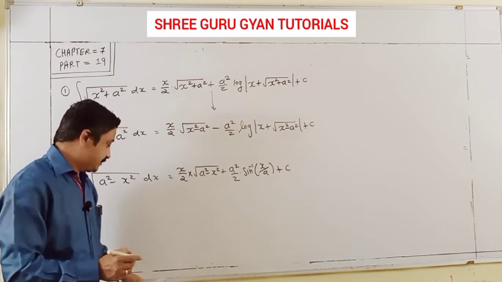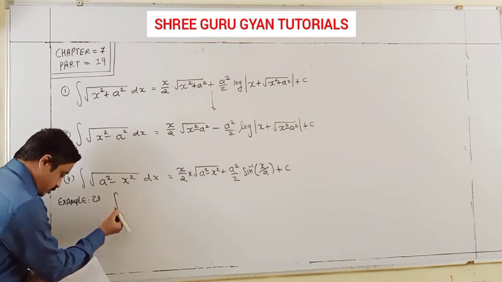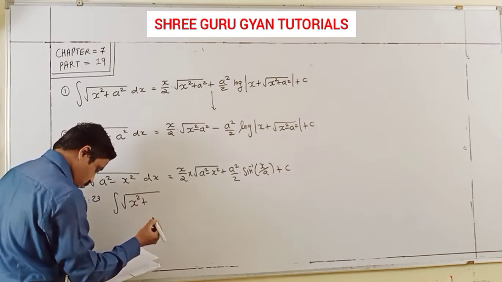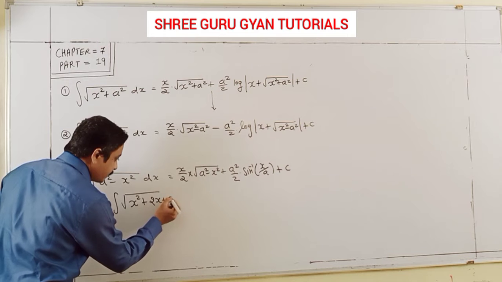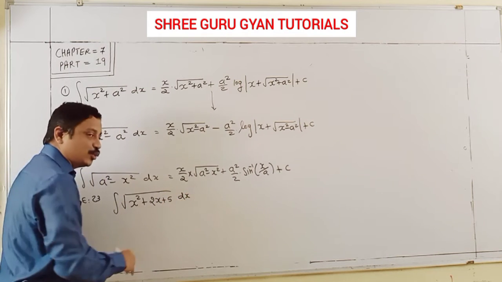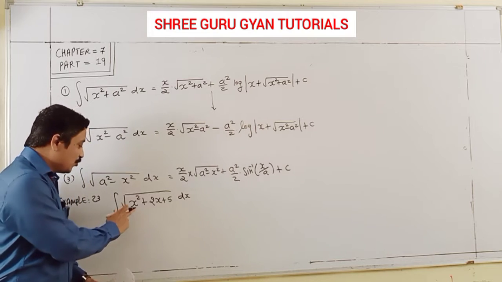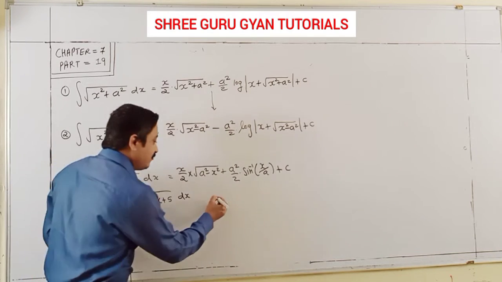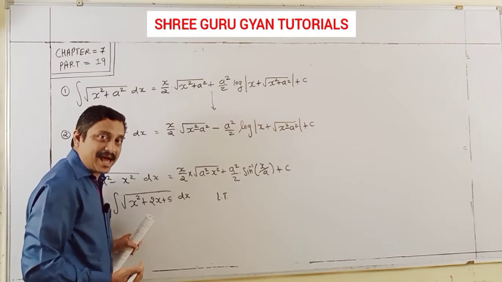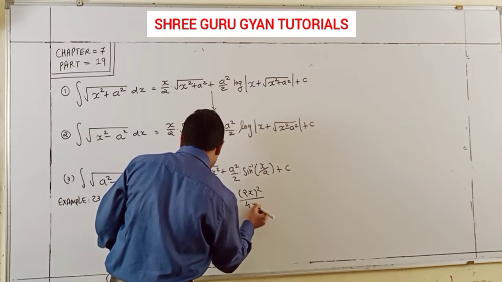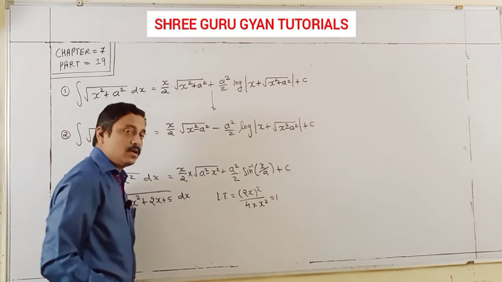Example 23, integration of under root x square plus 2x plus 5. As you know, for any quadratic with positive x square coefficient, I define the last term as the square of half the middle term, 4 divided by 4 times the first term, which gives 1.